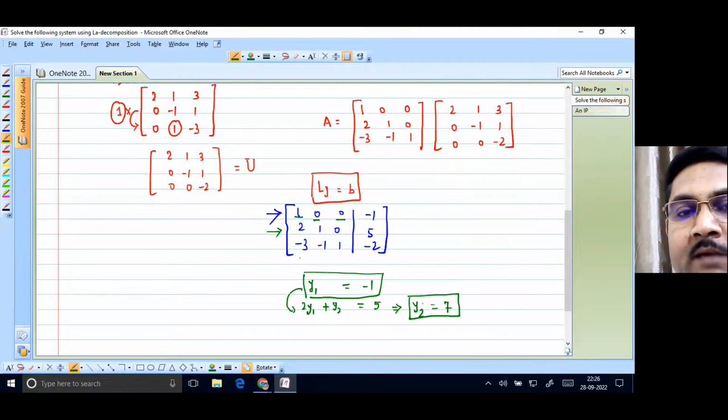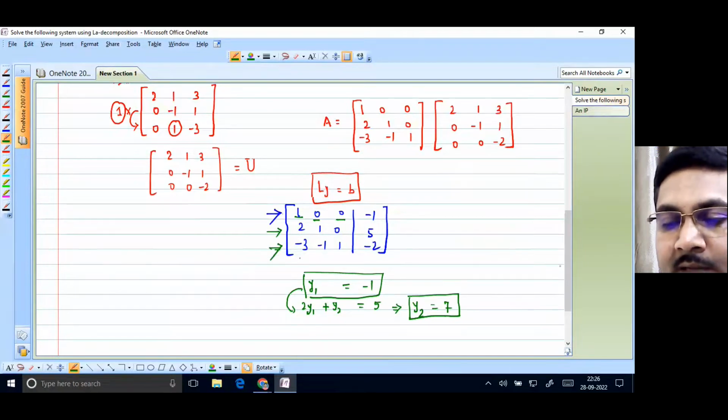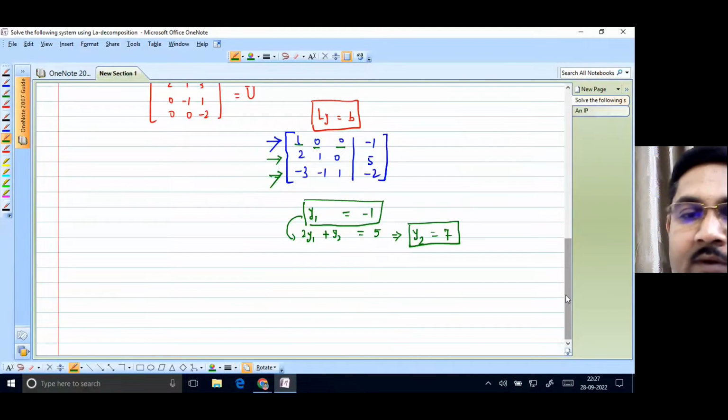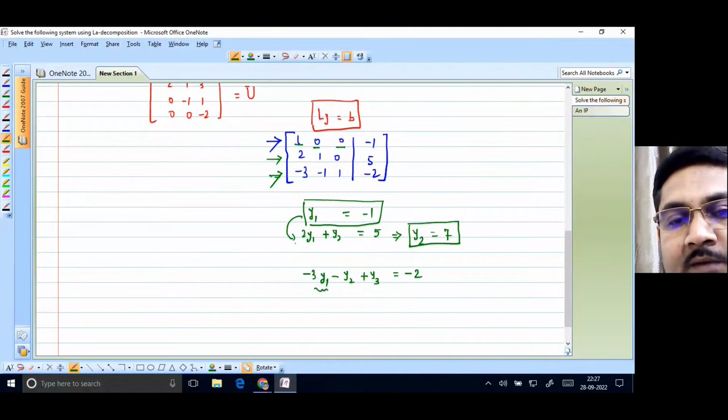Okay. And now once this is obtained, I will jump into the third row and try to find the value of y3. For that, I write the equation minus 3y1 minus y2 plus y3 is equal to minus 2. So I will substitute the values of y1 and y2 obtained above. You can see I have obtained these two values and I will get the value of y3.